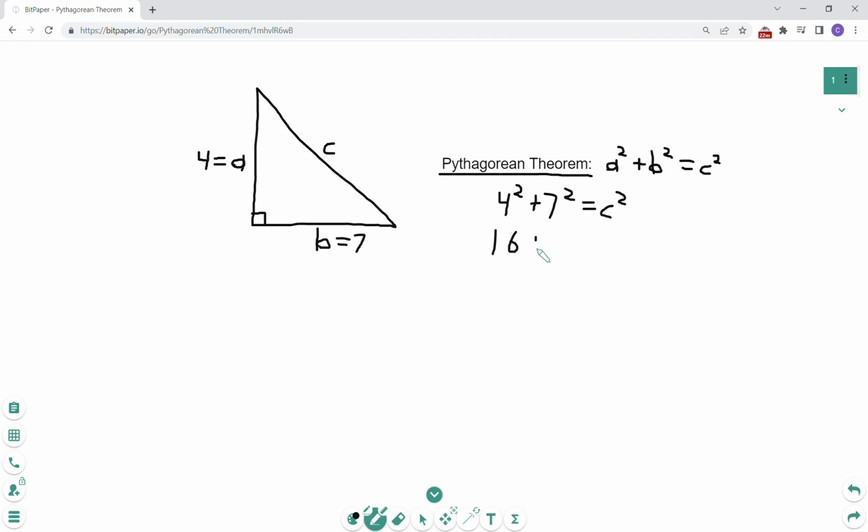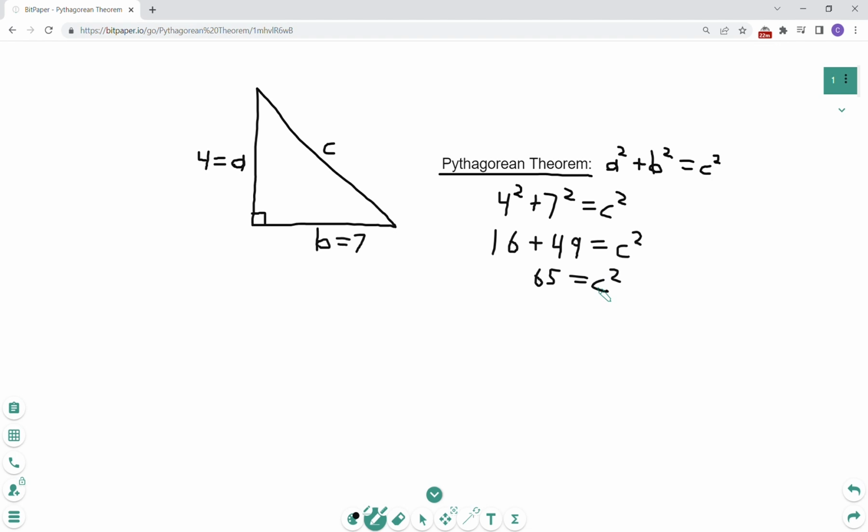So we have 16 plus 49 is equal to c squared. And then if we add the 16 and 49 together, we get 65. So 65 is equal to c squared.